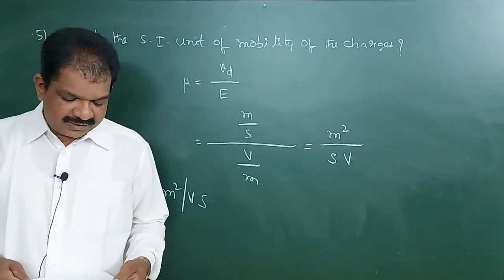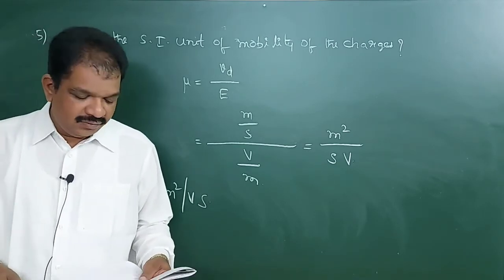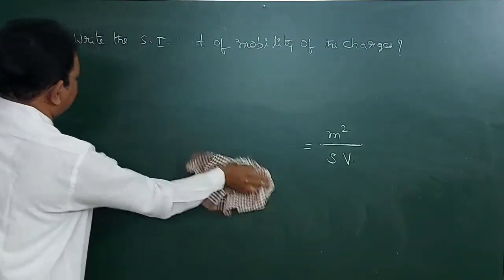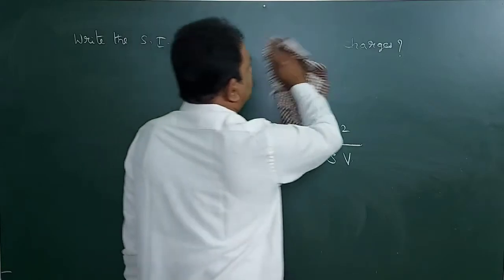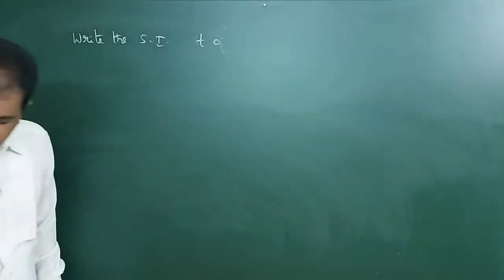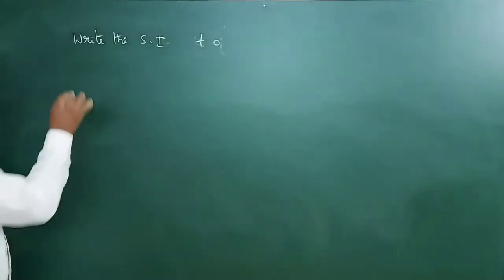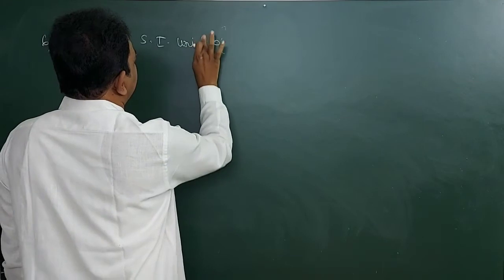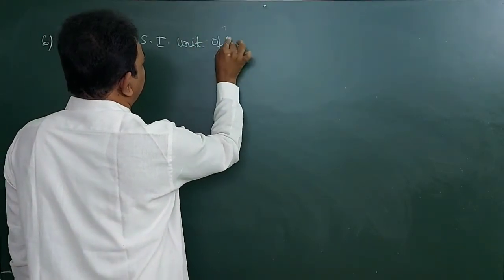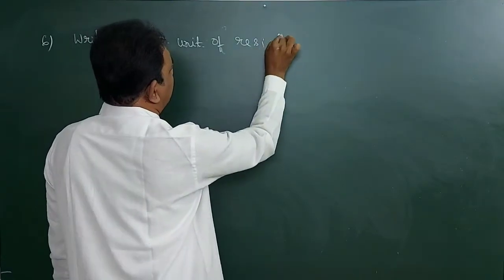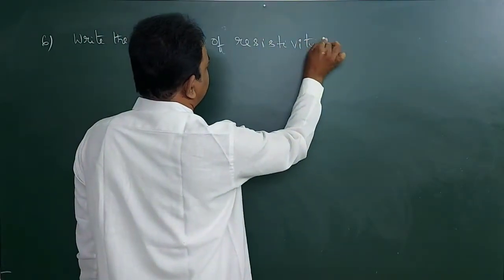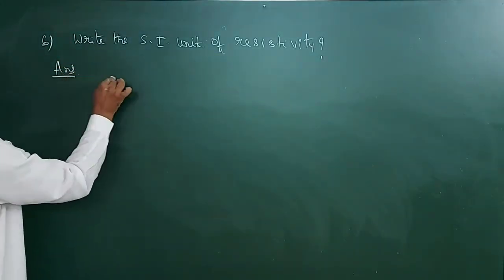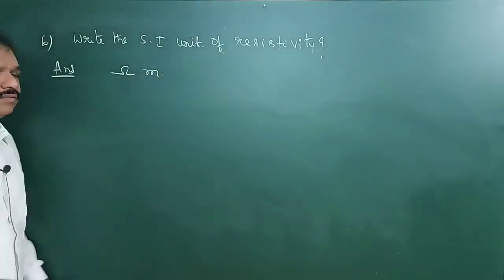Clear? Next, question number 6. Write the SI unit of resistivity. Answer will be ohm meter.